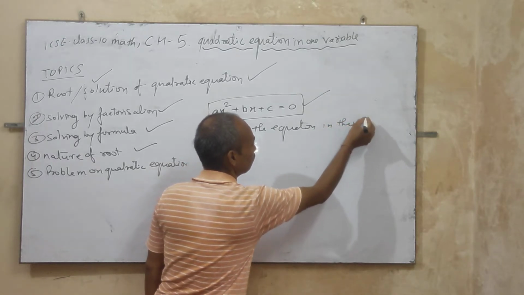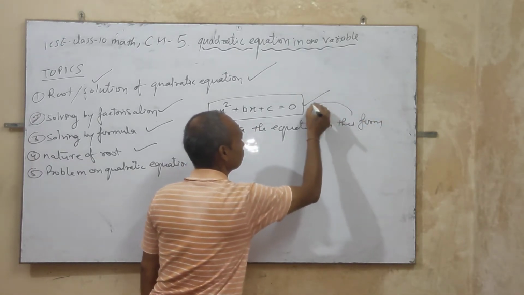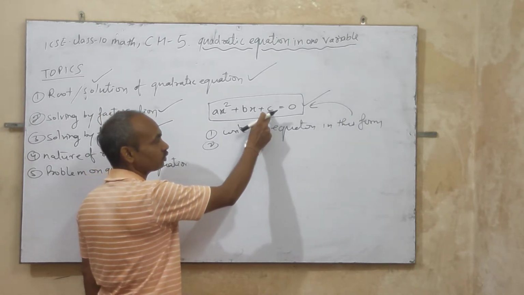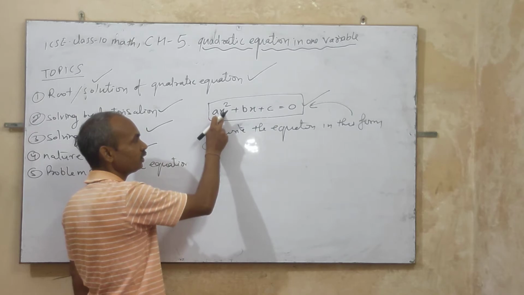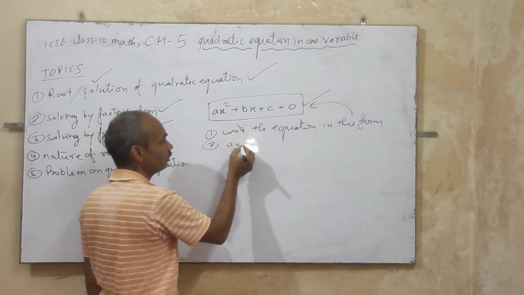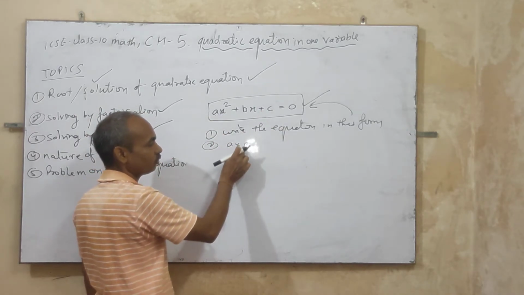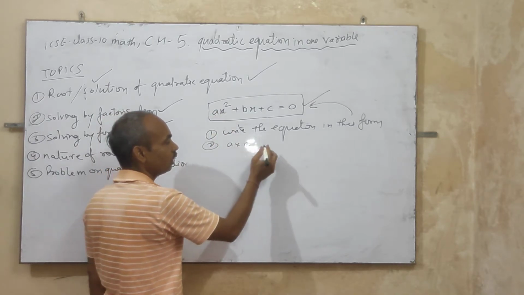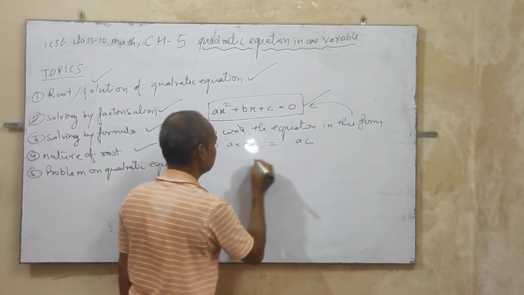Second point, multiply the constant term c with the coefficient of x square and find the result ac.